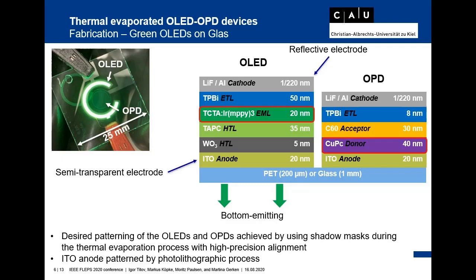On the other side, we use copper phthalocyanine as an active layer for the OPD and C60 to fabricate the donor-acceptor system. Further, we use lithium fluoride and aluminum as a reflective cathode and indium tin oxide as a semi-transparent electrode, which makes the OLED bottom emitting.